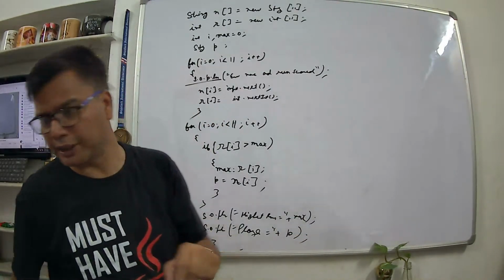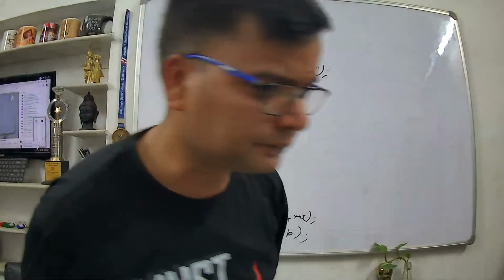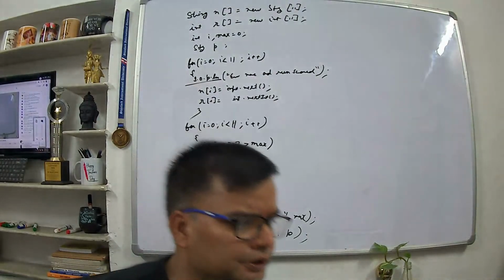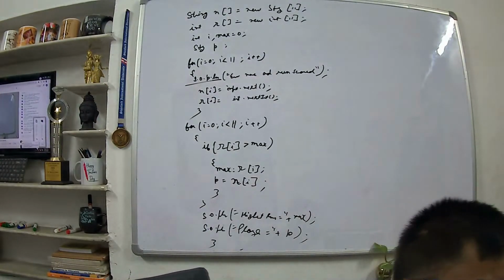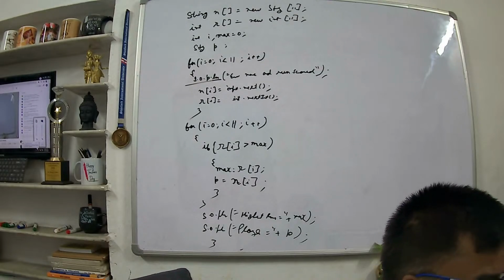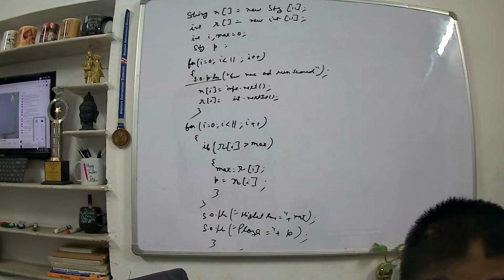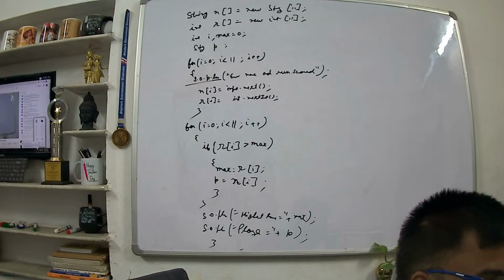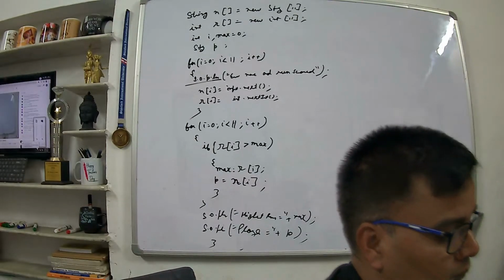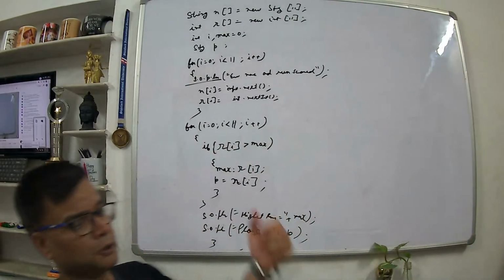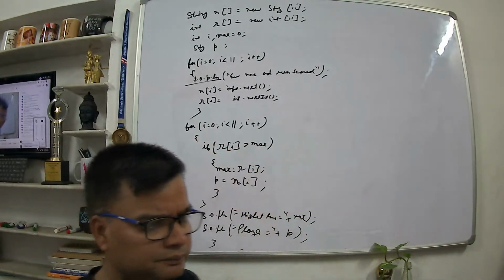I hope it will be okay. Yes, students, I hope this program you can do. I'll do double dimension, no problem. Math.random is in my list, I'll be doing it. I hope this question is okay for everyone.